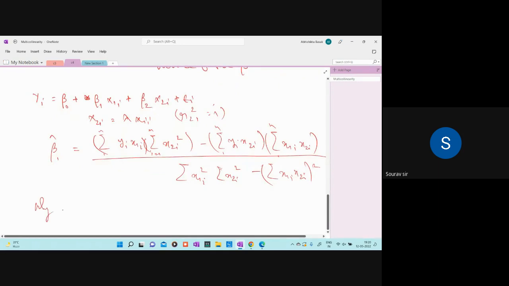And similarly, you can find beta 2 hat. Obviously, these are least square estimators.